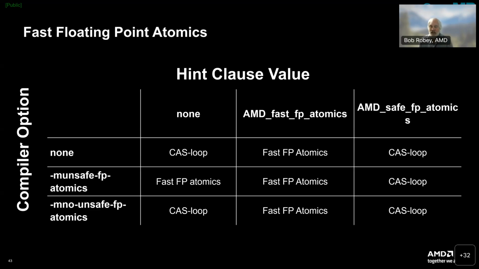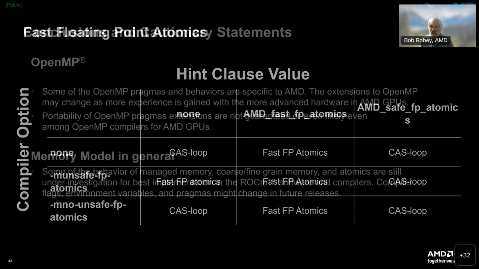I really hate it when we have a double negative, a dash m no unsafe floating point atomics. And then we show the hint clause value, and we can see that we can force different kinds of atomics in different situations.